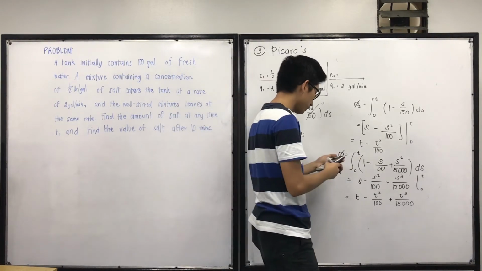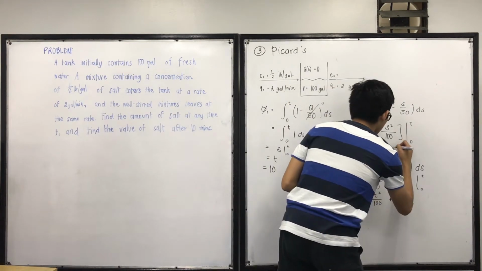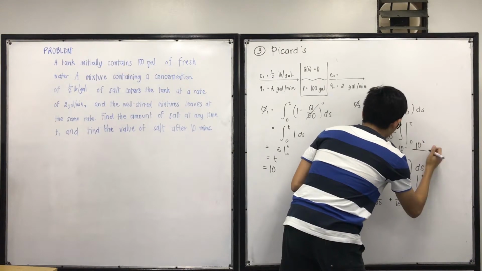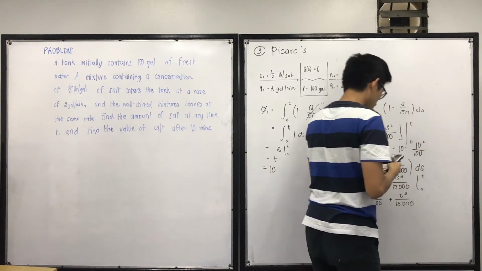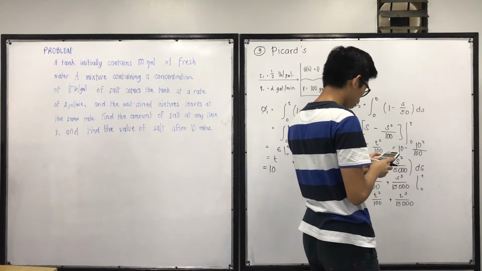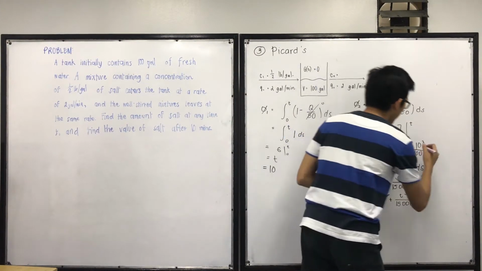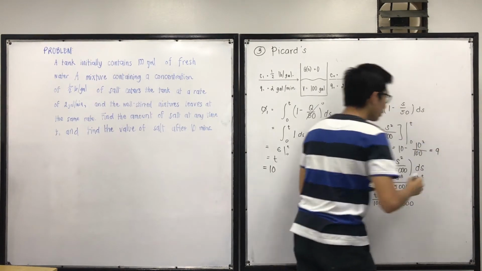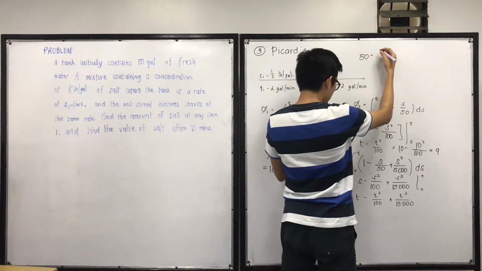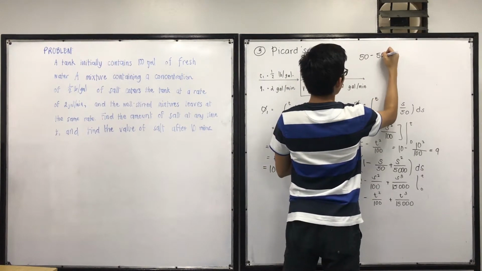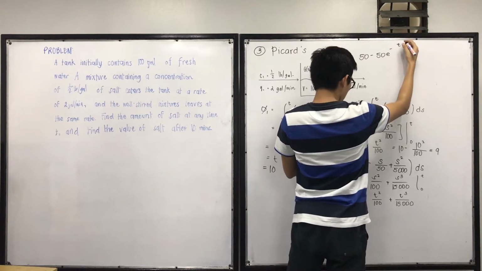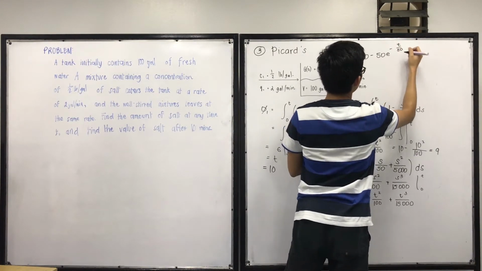And this one is 10 minus 10 squared over 100. The answer is 9. A while ago, we are given the equation 50 minus 50 times e raised to negative t over 50.